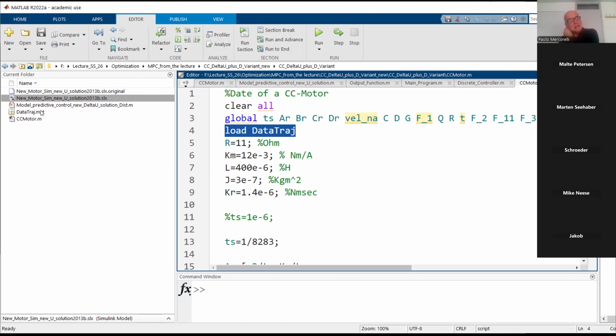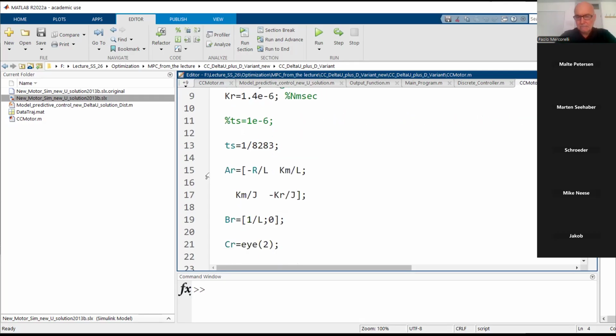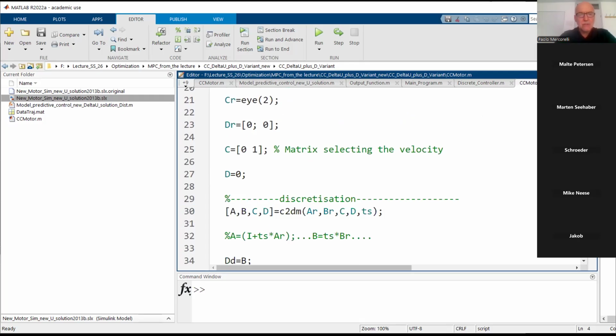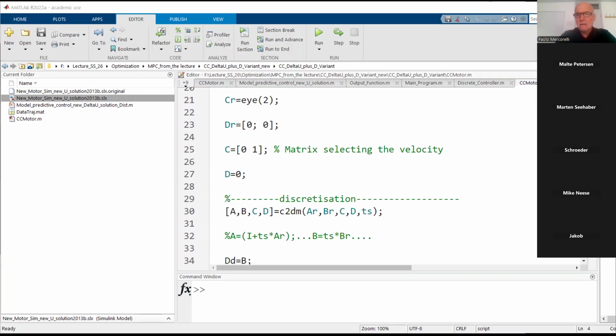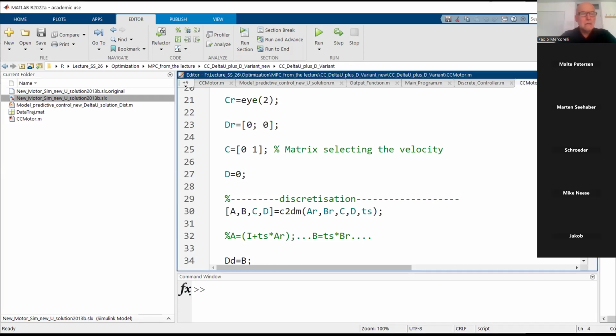Here, for instance, we have this MAT file, which has a vector that represents the time, and another vector that represents the trajectory, and we will see here. The idea is to control, you remember last time I told you, the velocity. Let me now switch on Simulink.